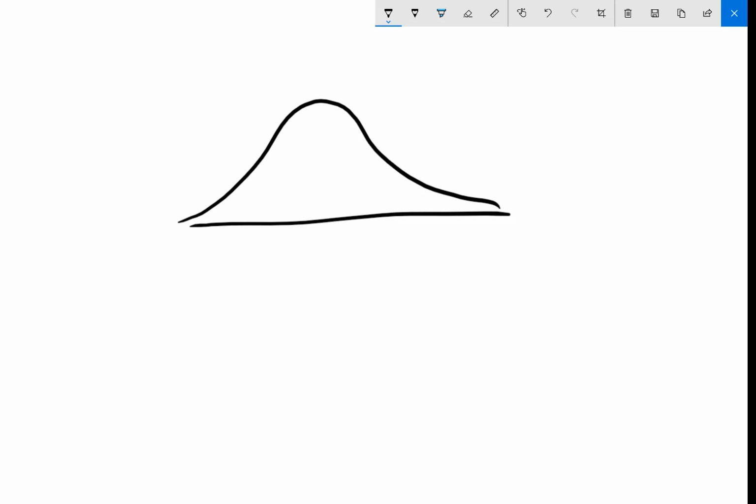So once again, with the hypothesis test, we're going to be dealing with a normal distribution or something that's approximately normally distributed, this sampling distribution. And what happens with the hypothesis test is we actually have the population mean we believe to be true or was believed to be true.